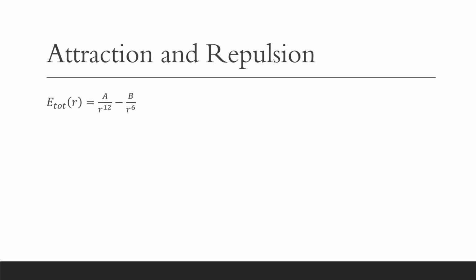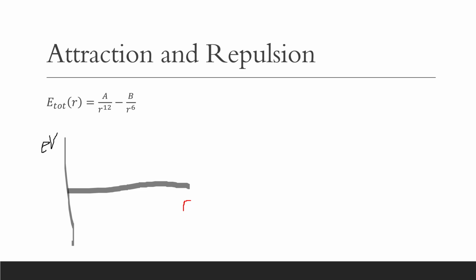The attraction and repulsion, again, is modeled with this equation, where A over R to the 12th is going to be your repulsive term, because that is the positive, right? So let's draw it out. Here's your graph. Here's R, and then EV.